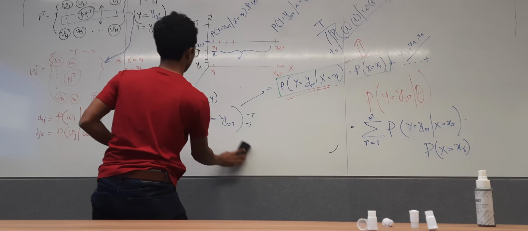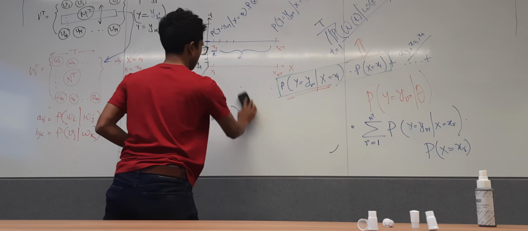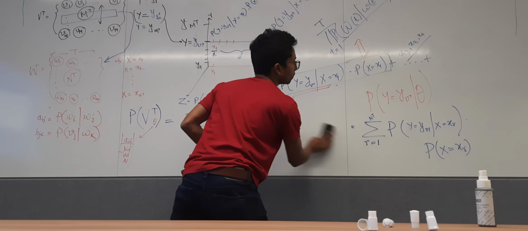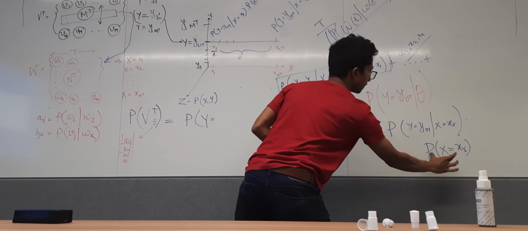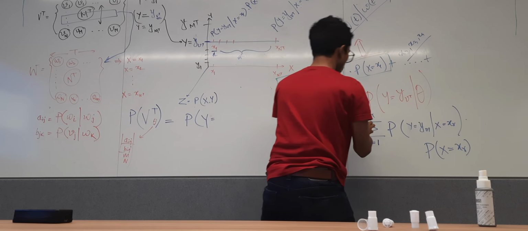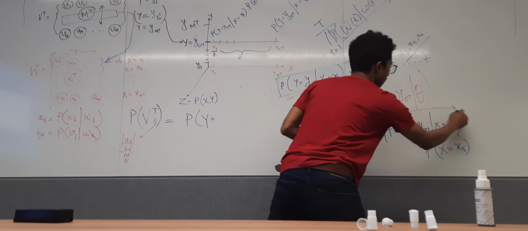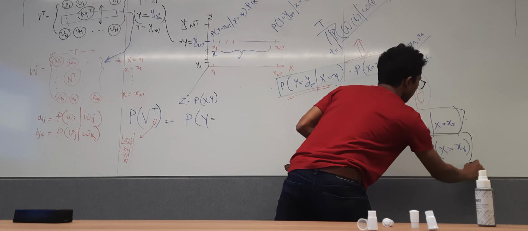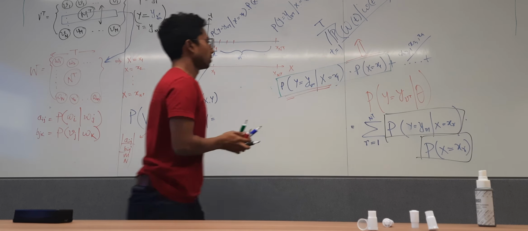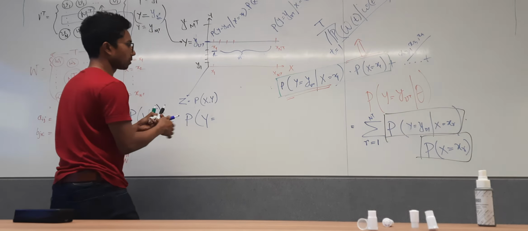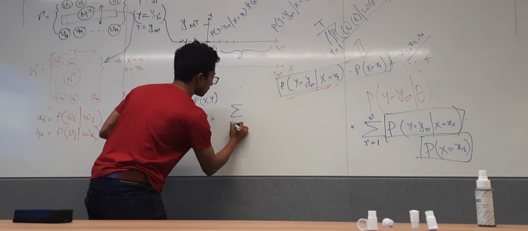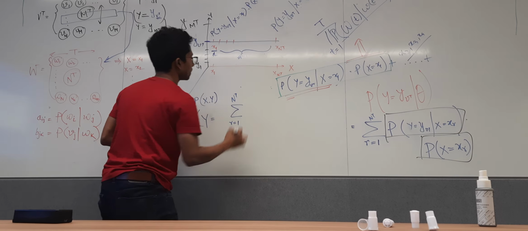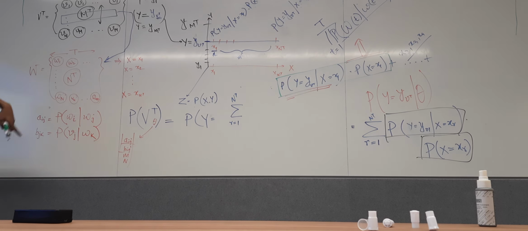Now this term comprises two things, this one and this one. There is a multiply sign here, so I can again simplify this equation into the summation over r equals 1 to n to the power T, which is the number of possible sequences this omega can have.